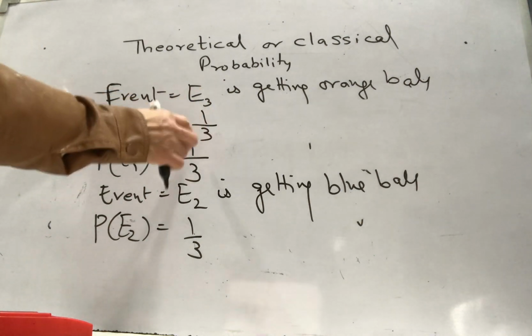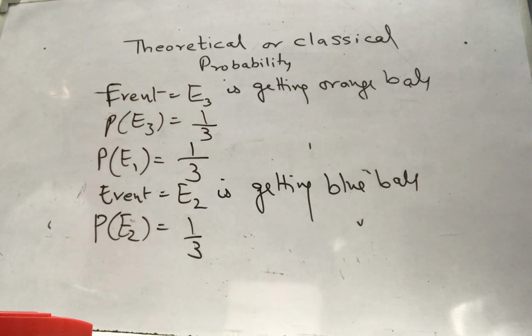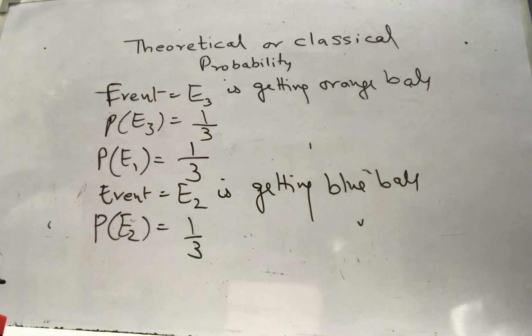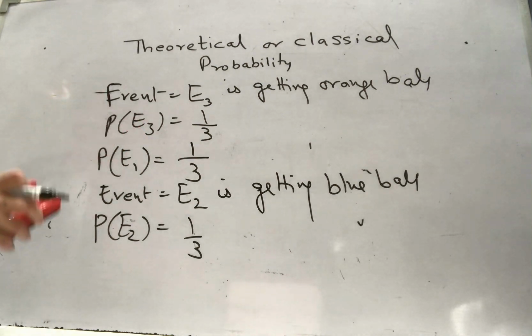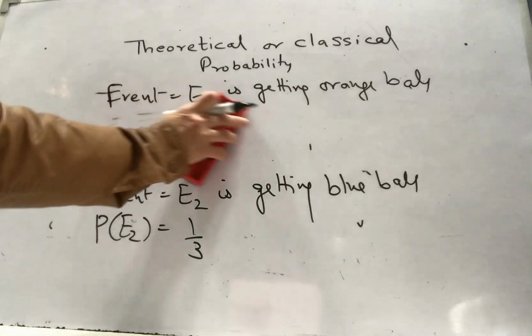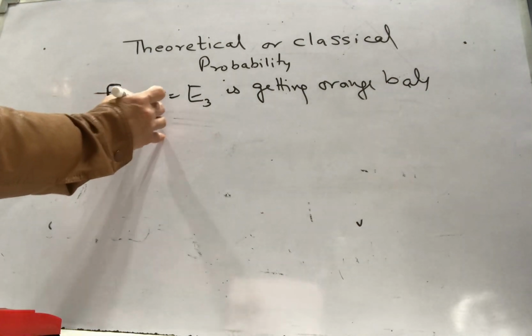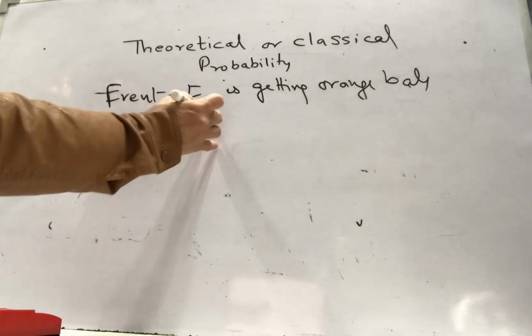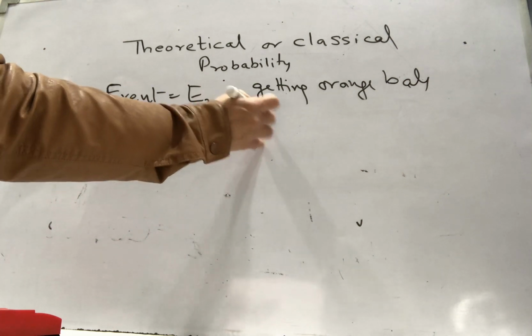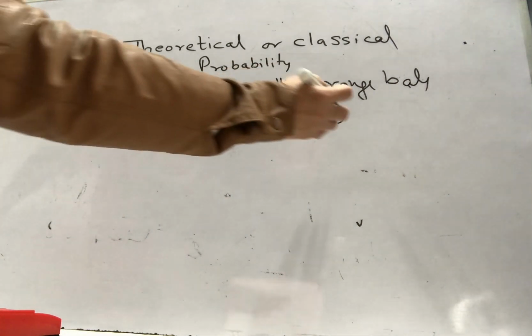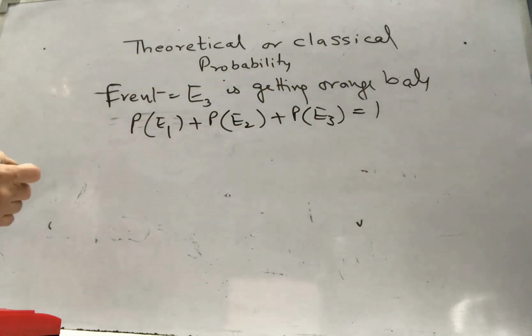Now these outcomes are 1 in this case, so they are called elementary events, and the sum of the probabilities of elementary events is always 1. You can see probability of E1, probability of E2, probability of E3: all these probabilities will always add up to 1.